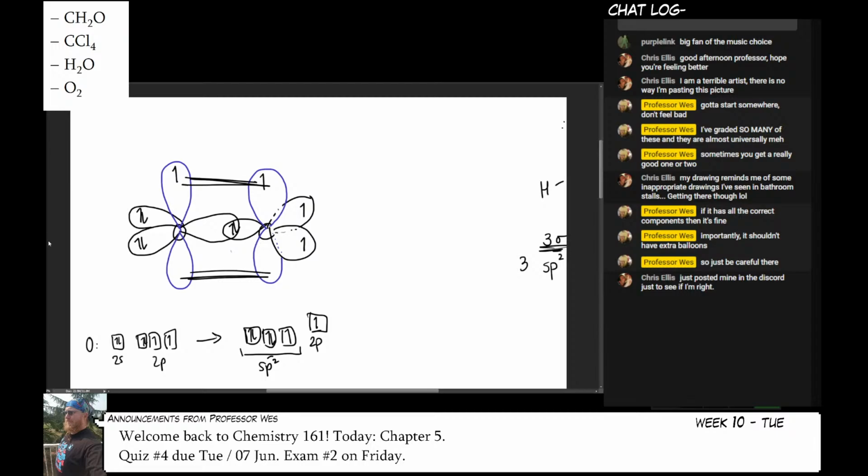And then over here, here's a hydrogen, and here's a hydrogen. So it should look something like that.